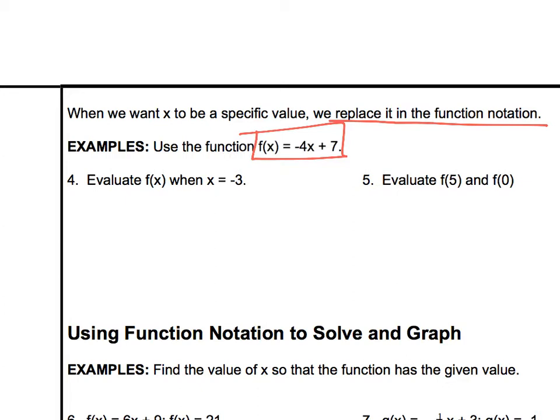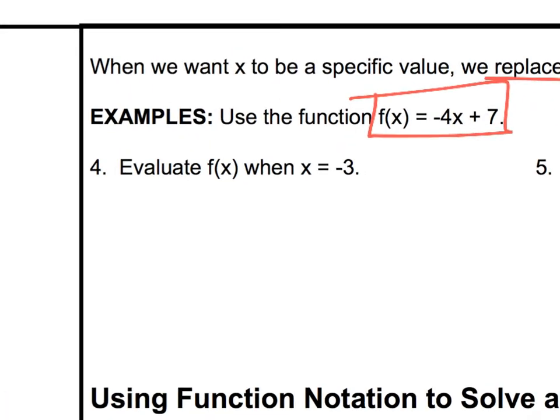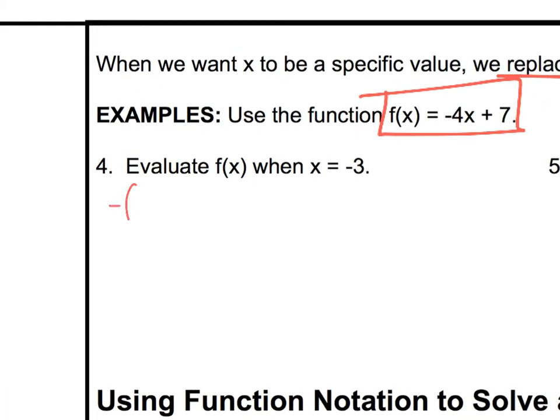So plug in for x and see what you get. Evaluate f of x when x is equal to negative 3. So I know that my function is f of x is equal to negative 4x plus 7. The name of it is f. The input is x. The output is whatever I get when I do negative 4x plus 7, which is equal to f of x.